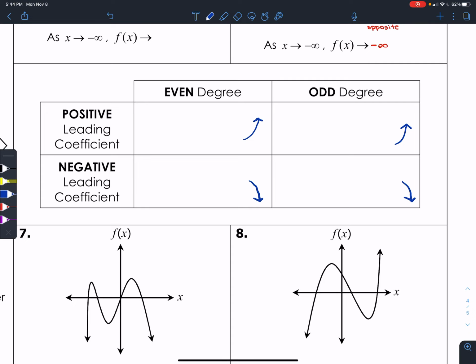Remember, we read left to right, so we finish up on the right side of the graph. That's why I'm always graphing the end first. If it's an even degree, they are going to be the same direction. If it's an odd degree, the ends are going to point opposite directions.